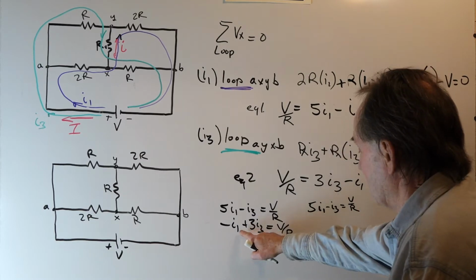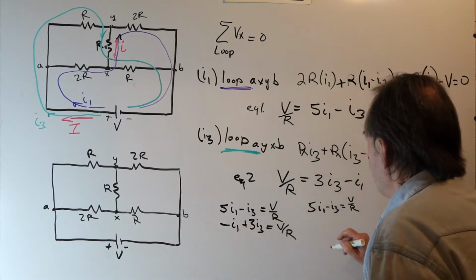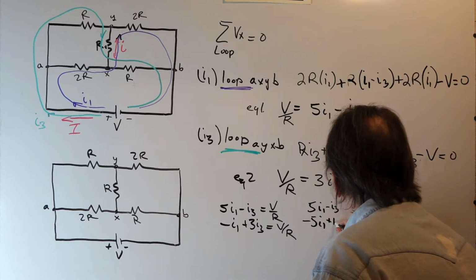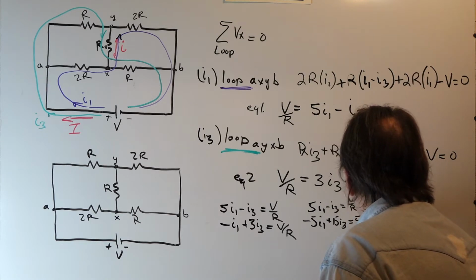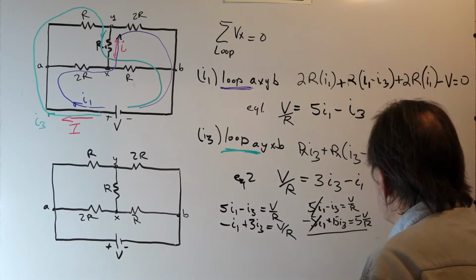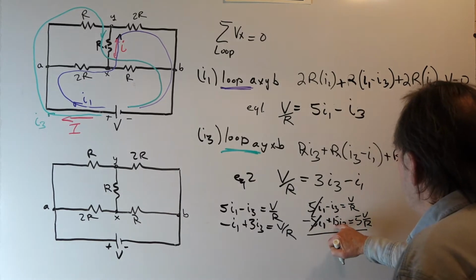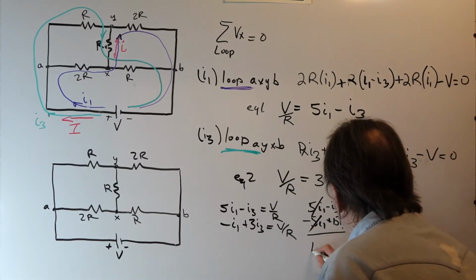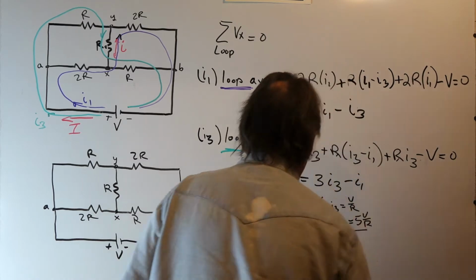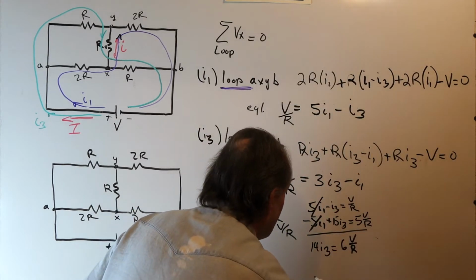I'm going to multiply this equation through by 5. So we have a minus 5I1 plus 15I3 equals 5V over R. Let's add the equations. The I1s go out. We have 15 minus 1, or 14, I3 is equal to 6V over R. We're simplifying, dividing through by 2.